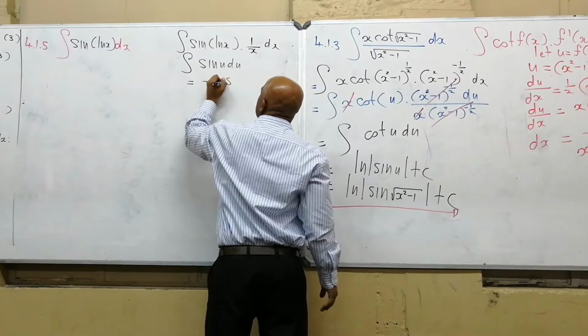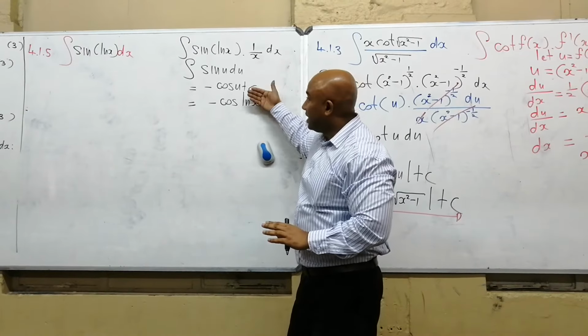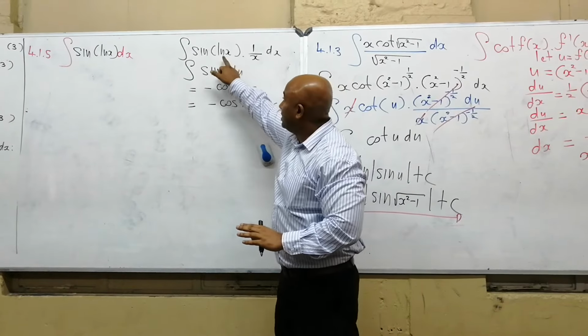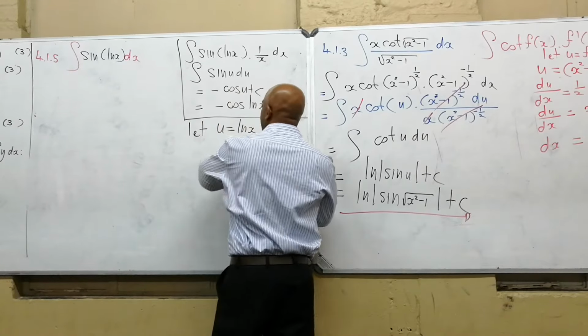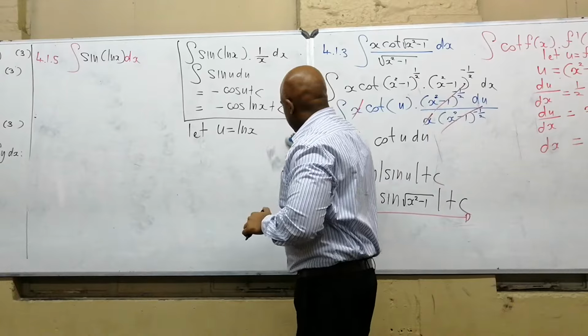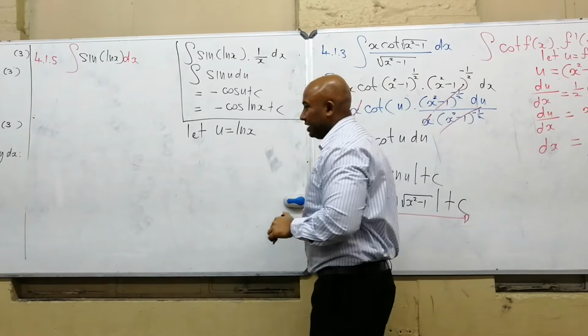But this is a different type of example, okay? Because here, the derivative of ln x is 1 over x. But now, let's see what's going to happen here. So for this example, if I let u equal to ln x, okay, let's see what is going to happen.